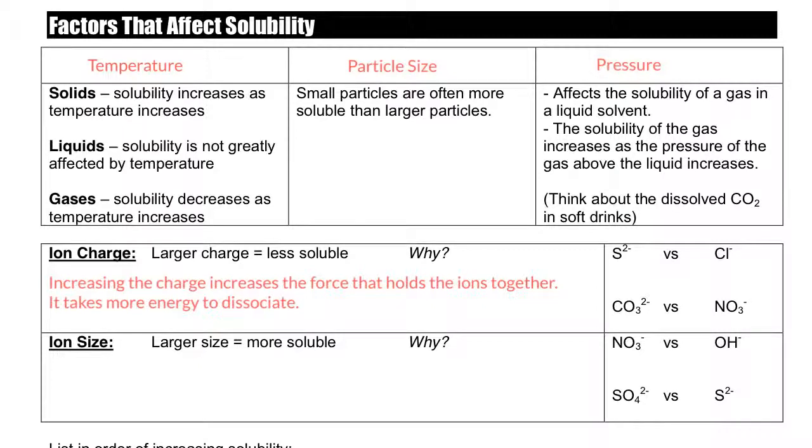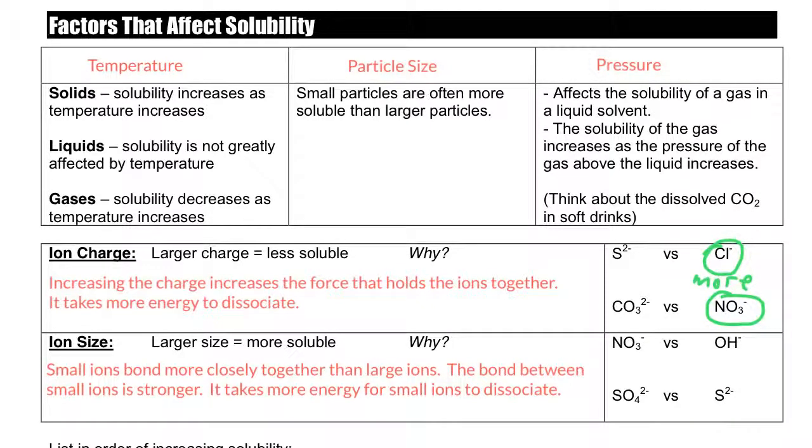So if we compare a sulfide ion with a chloride ion, well, a 2- charge is a bigger charge than a 1- charge, so that one is more soluble. The next set, we have a 2- charge and a 1- charge. The 1- charge is more soluble.